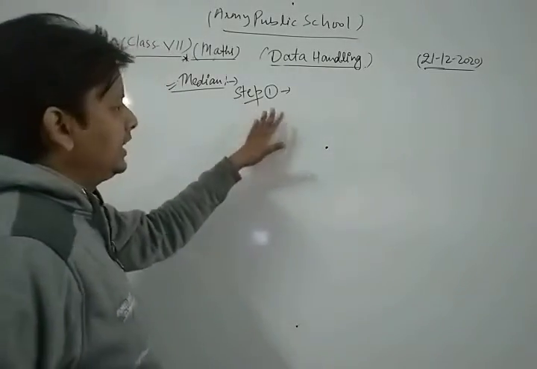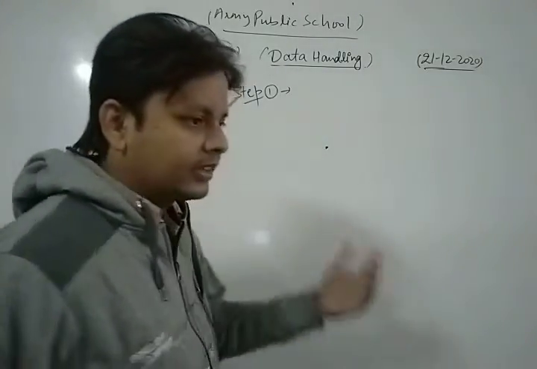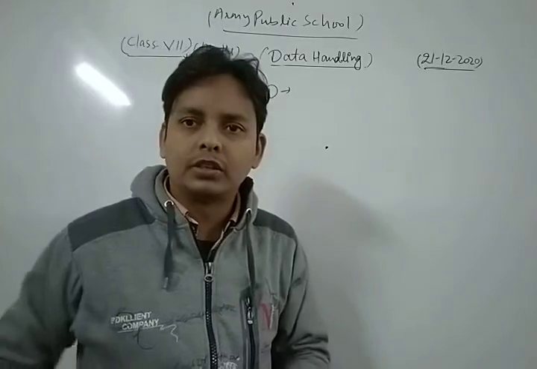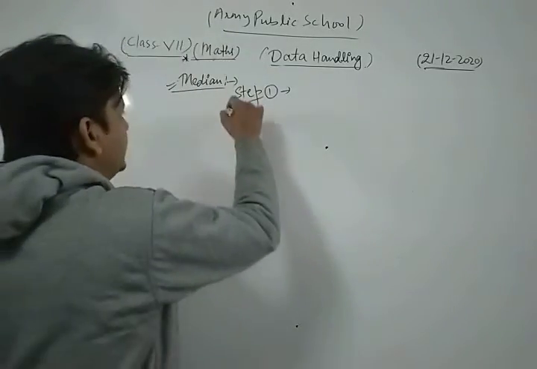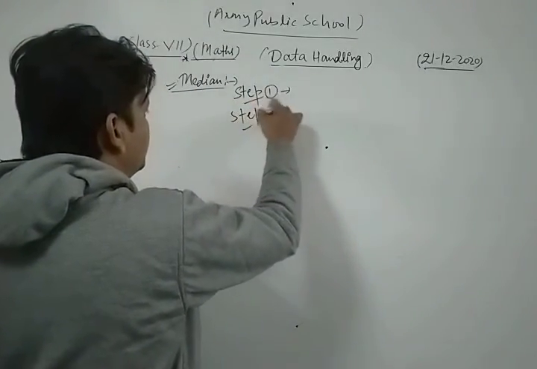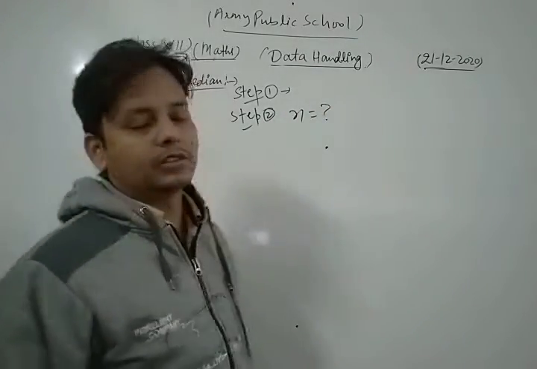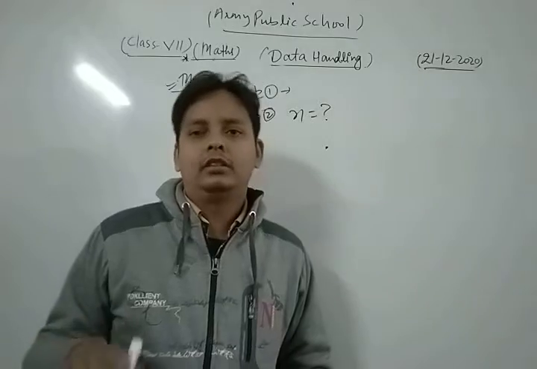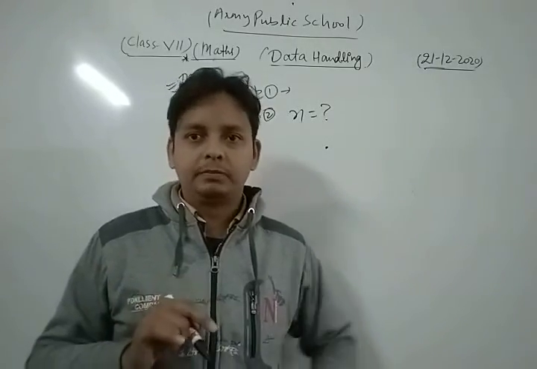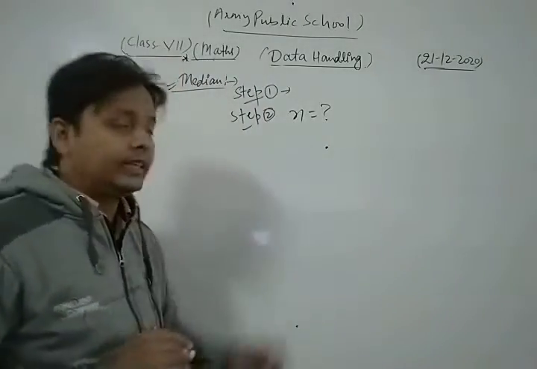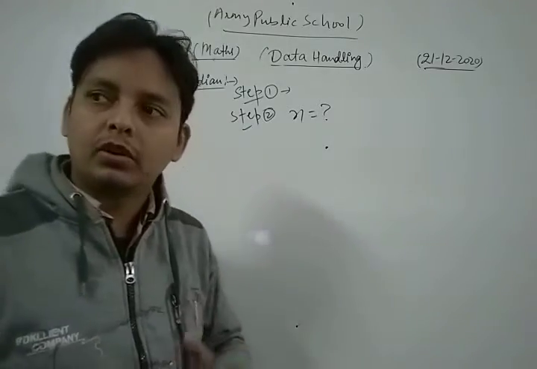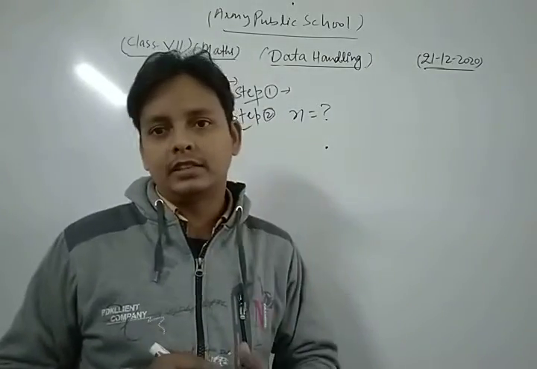After that, you count the number of observations. In step 2, we find how many observations are in the given distribution. After counting the number of observations, two cases arise here.